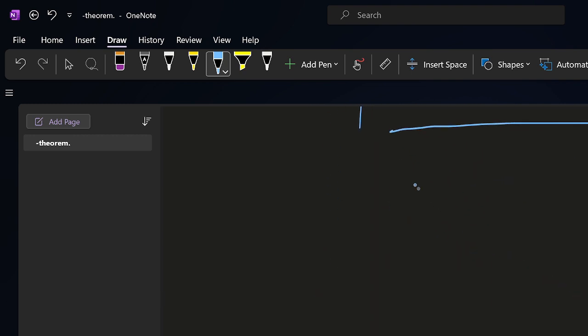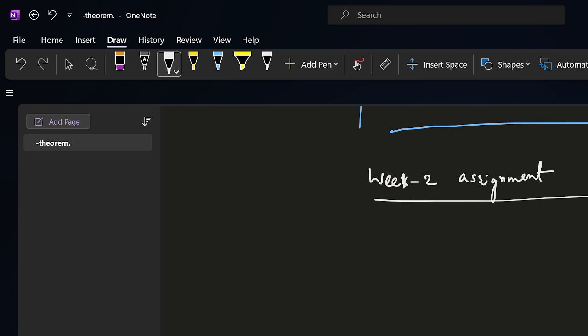This will be a sample example. So this is our week 2 assignment. The first problem is that you have an even function, f(x) equal to f(-x).